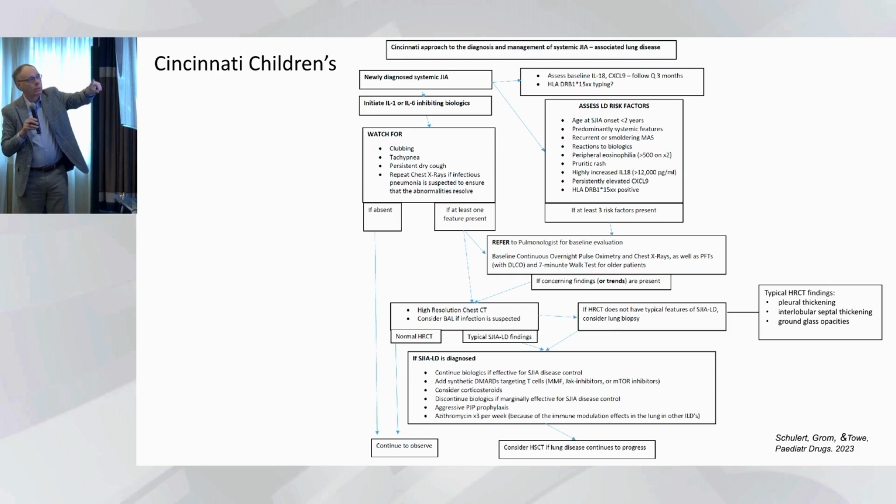A couple of things. I would like to step back to the beginning of this algorithm. Let's say we have a newly diagnosed patient who does not have significant numbers of risk factors. We still watch those patients for signs of lung disease like clubbing, tachypnea, persistent dry cough. And another thing I would like to stress: if a patient is diagnosed with pneumonia and you treat that patient with antibiotics, don't forget to repeat the chest X-rays and make sure that the pneumonia is gone, because we've seen quite a few patients who came for a second opinion who were diagnosed initially with pneumonia.